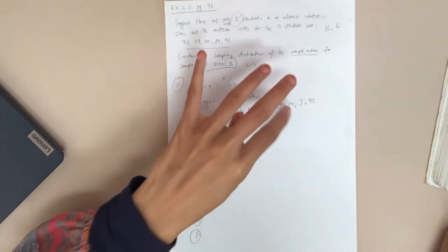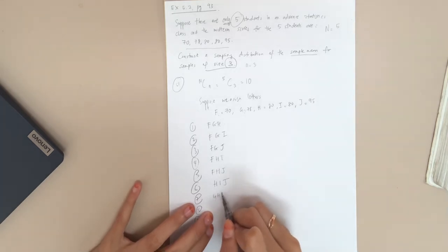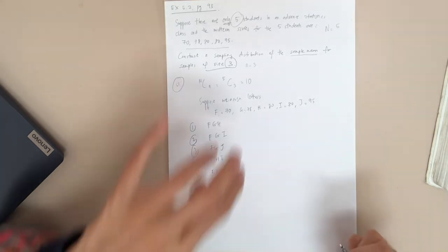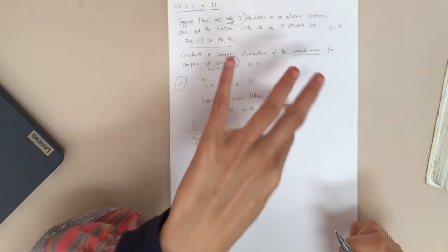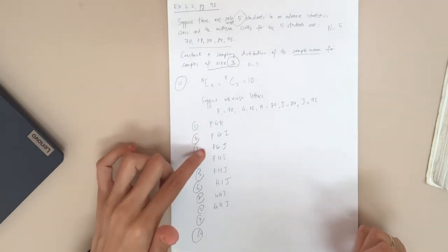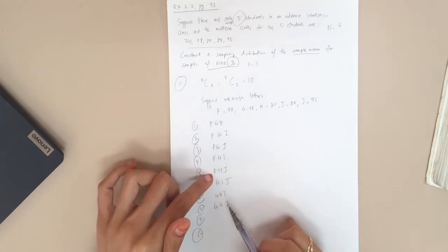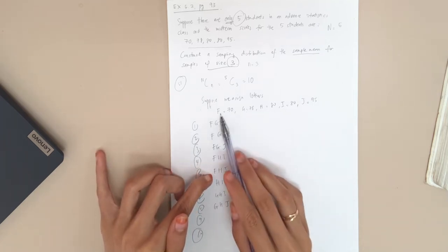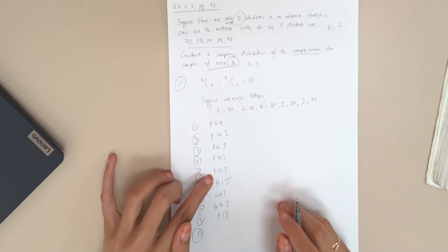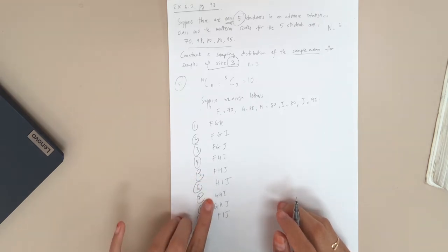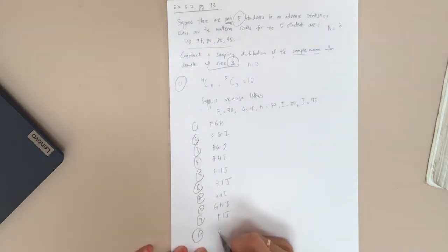FGH, FGI, FGJ, then GHI, GHJ, and then HIJ, FIJ, and GIJ.